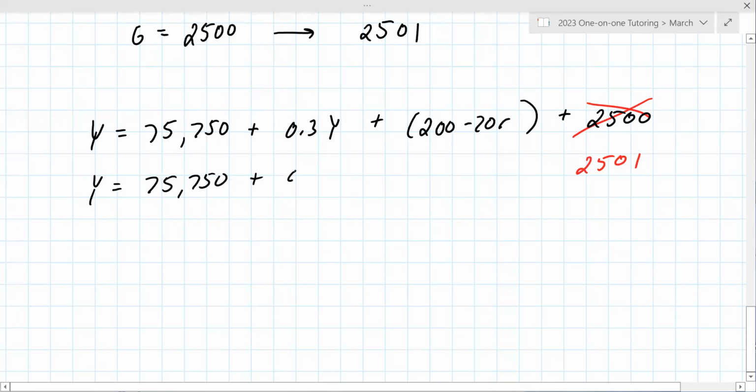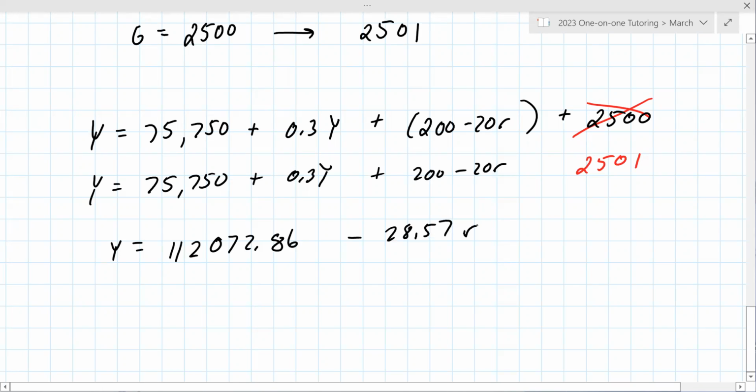So I won't go through all those steps, but it's the exact same procedure. Y ends up being 112,072.86 minus 28.57 R.